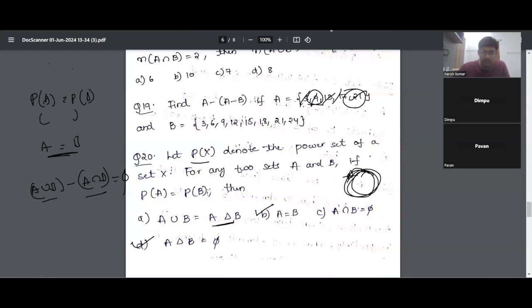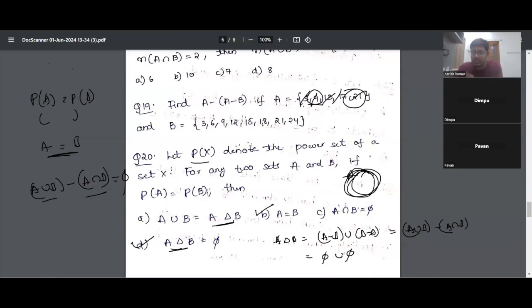Yes, sir. I did not understand option D, sir. Option D is not clear? Okay, so what is A delta B, A symmetric difference? We studied two formulas for this: A delta B is (A minus B) union (B minus A), which is also equal to A union B minus A intersection B. Let's look at it both ways. What is A minus B? If A and B are equal, A minus B is a null set. B minus A is also a null set because B and A are equal.